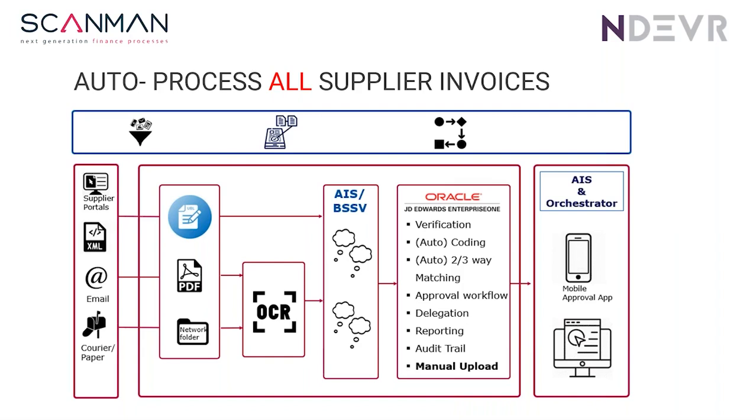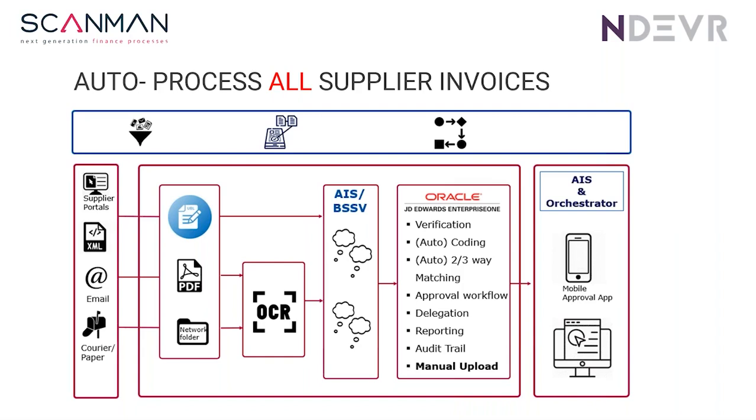The basic SCANMAN system. Additionally, we also provide a mobile approval app, and the mobile approval app is quite handy if you or people within your organization work very remotely, and also if you have approvers without a JD Edwards license.